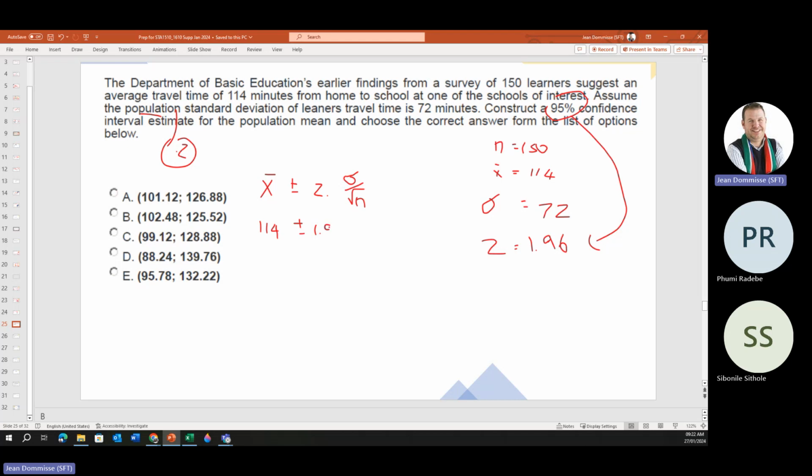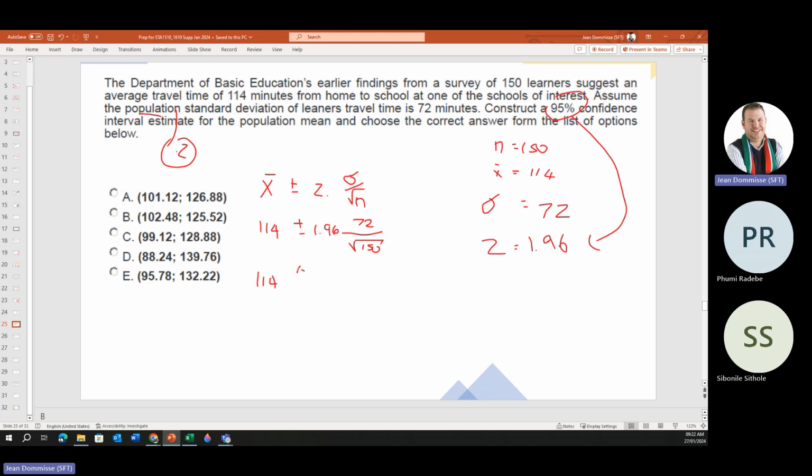We've got the Z as 1,96. We've got the standard deviation as 72. And your sample as 150. Okay, let's work that out.